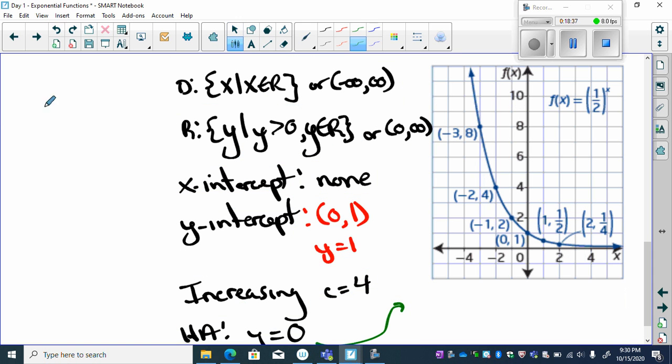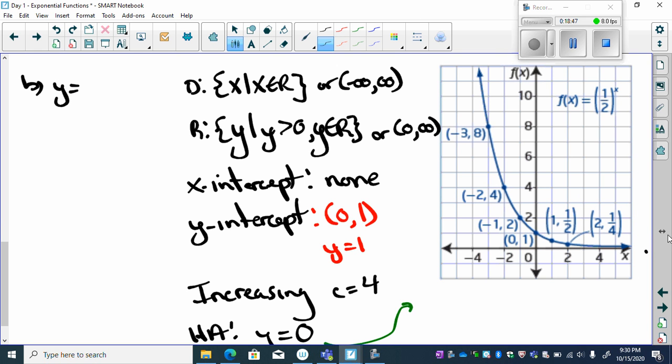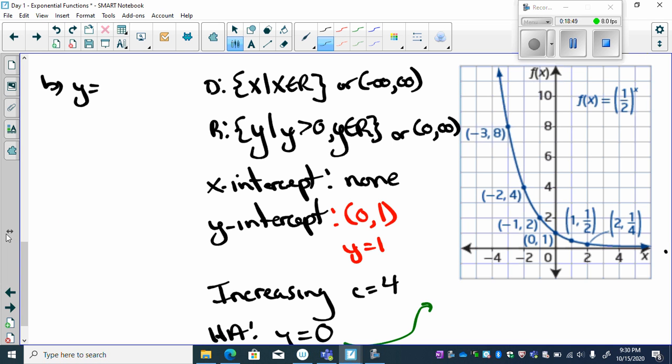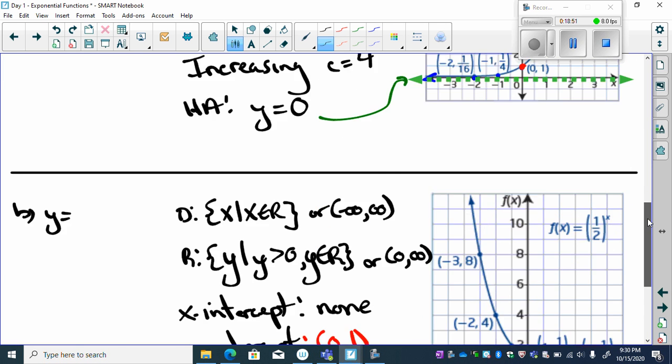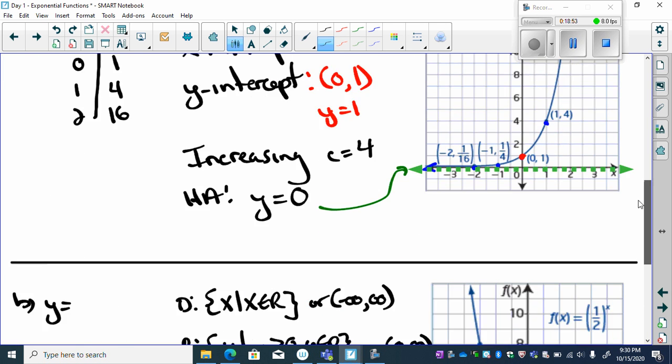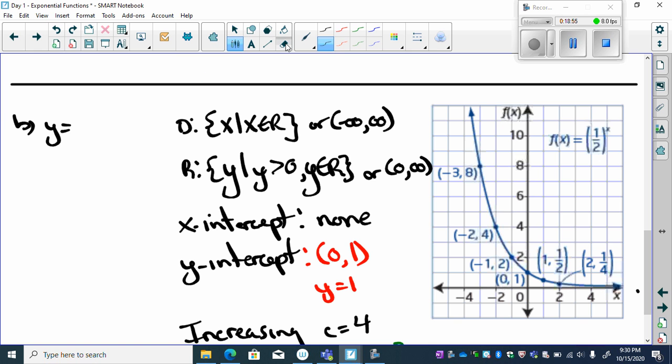But for part B, we are looking at the equation y equals, or is it f of x equals? Yeah, f of x equals (1/2)^x.